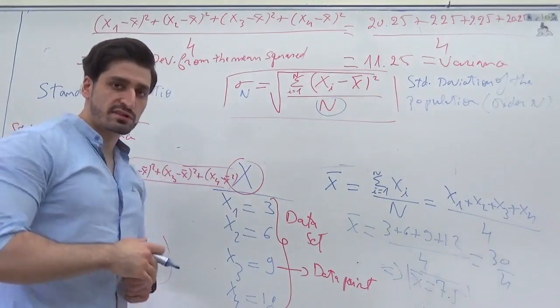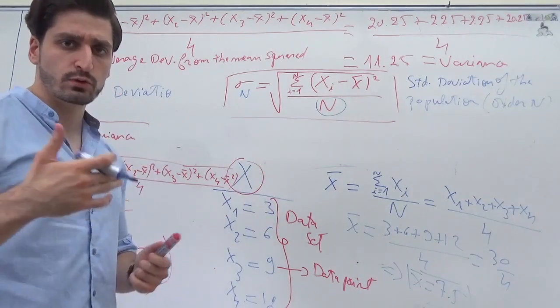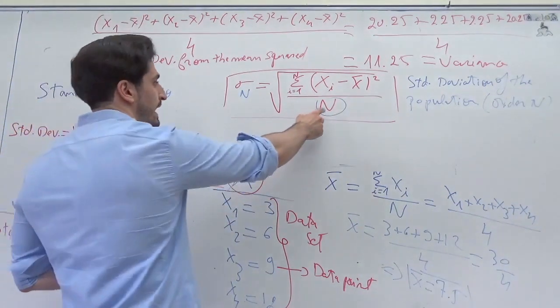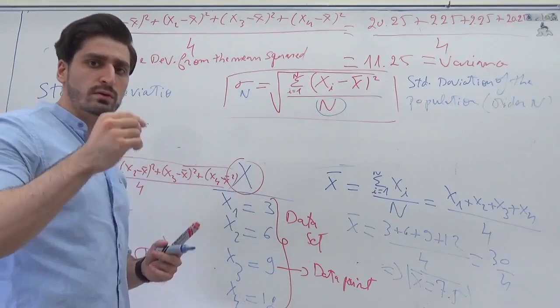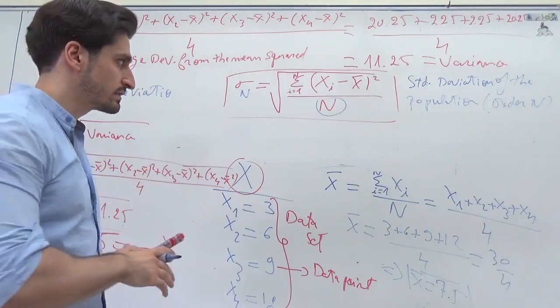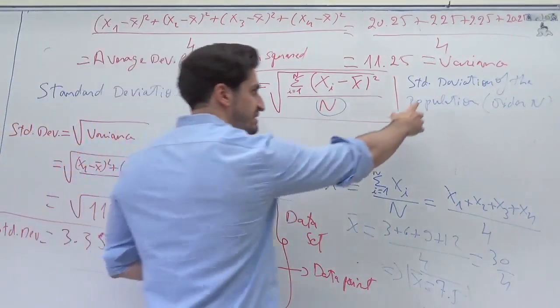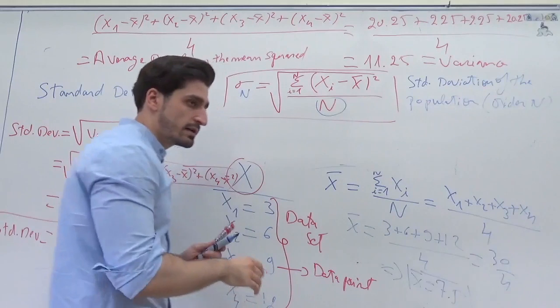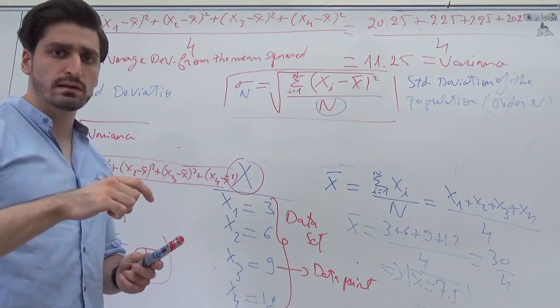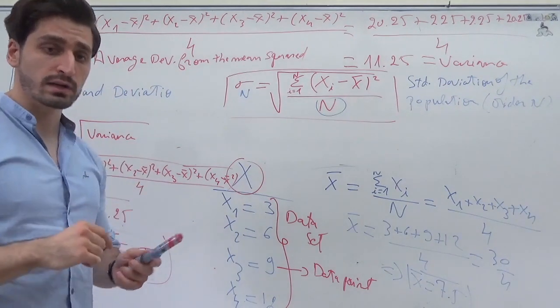Now in some textbooks, you might see a different equation for the standard deviation. Different how? Instead of having n in the denominator, you are going to have n minus 1. So the difference in that case is going to be that we are no longer finding the standard deviation of the population, but rather we are finding the standard deviation of a sample which is taken out of that population.